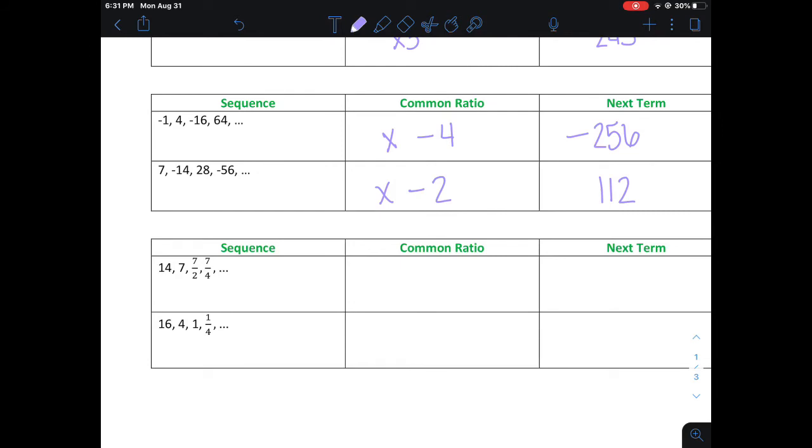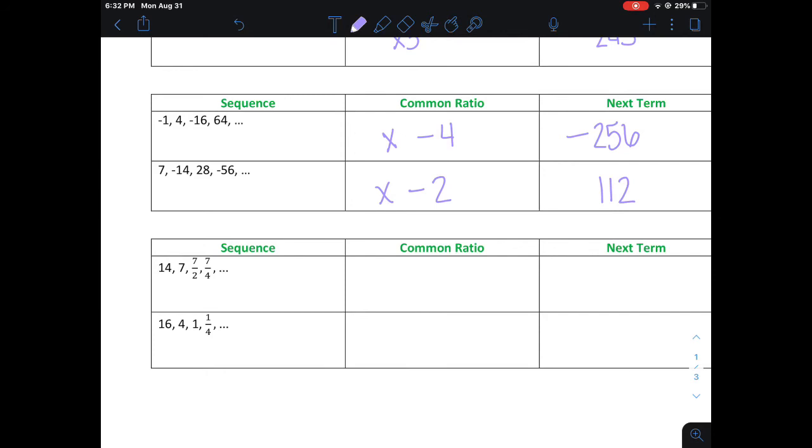So we have 14 down to 7. What did I have to multiply to get to 7? And then from 7 to 7 halves, what did I multiply by? We're not dividing. I will mark you wrong if you tried dividing, because I know most of you are going to say, well, you just divided by 2. Well, our formula, when we get to it in one of the next lessons, doesn't allow us to divide. It only allows us to multiply.